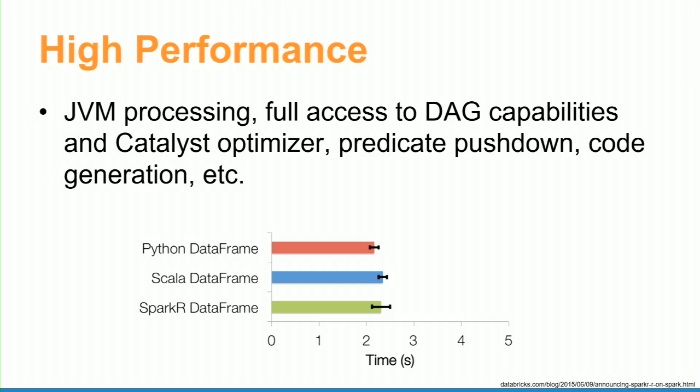This is a benchmark from a long time ago, but the idea is to show you there's basically no performance penalty running all these different language bindings on top of Spark itself. And the important thing here is this is going to be a recurring theme for this talk that we'll come back to a couple of times: we want to do the heavy lifting in the JVM.